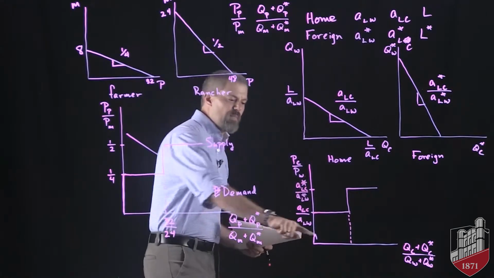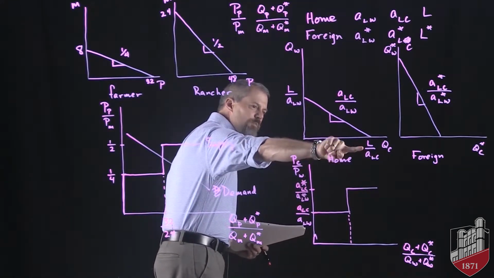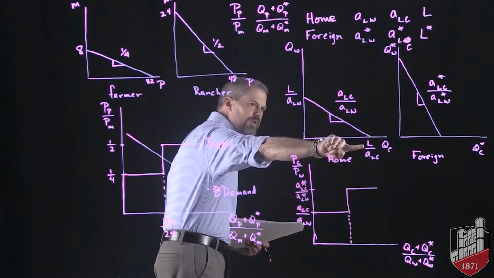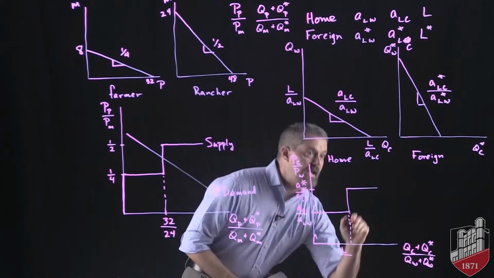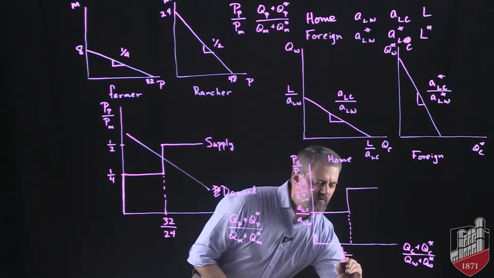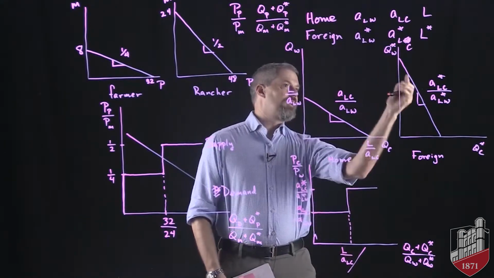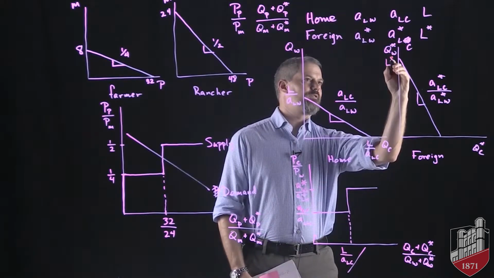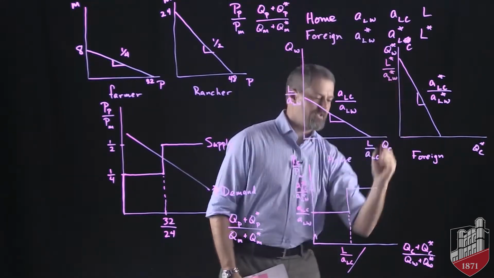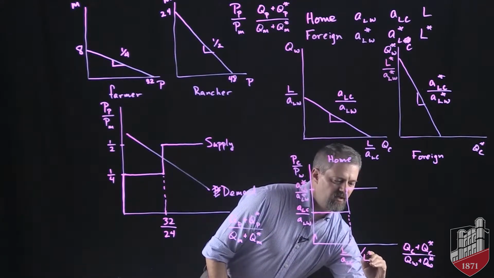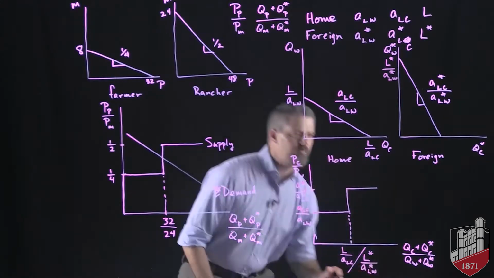And this amount right here is going to be the amount of cheese that home produces, which will be the amount of labor divided by the unit labor requirement for cheese. This one would be labor in foreign divided by the unit labor requirement for wine in foreign. So it would be L star divided by the unit labor requirement for wine in foreign.